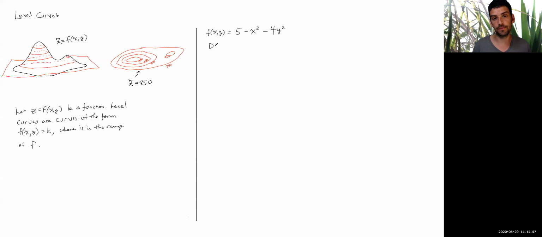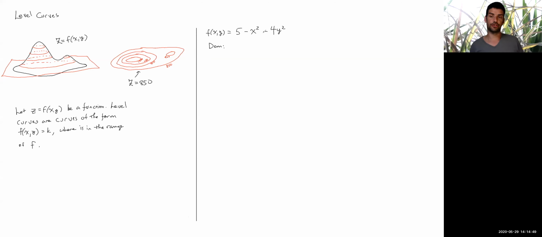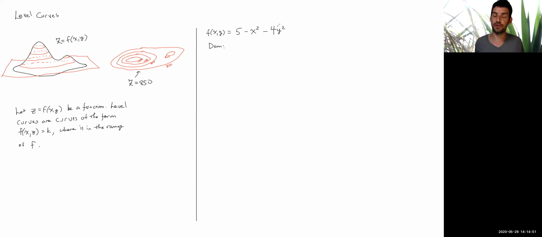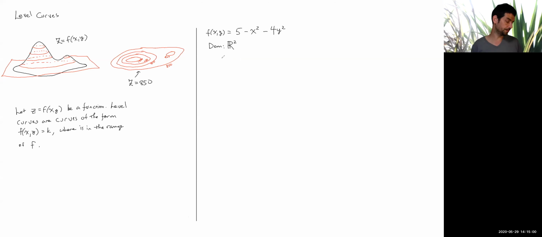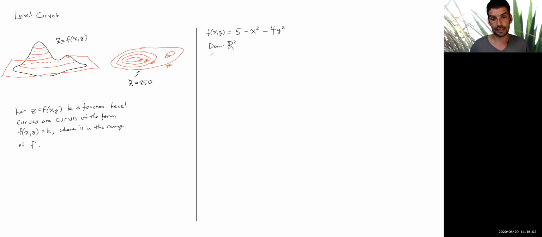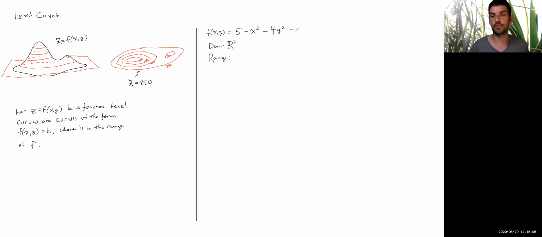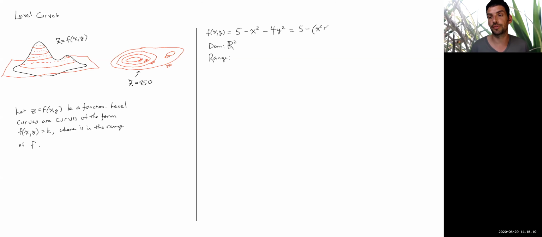First, let's start with the domain. This is just a polynomial in x and y. There's no numbers we can't square and add and subtract to each other, so there's no real big issue here. So our domain is going to be all of R2. Let's think about the range. I can maybe rewrite this as 5 minus (x squared plus 4y squared).